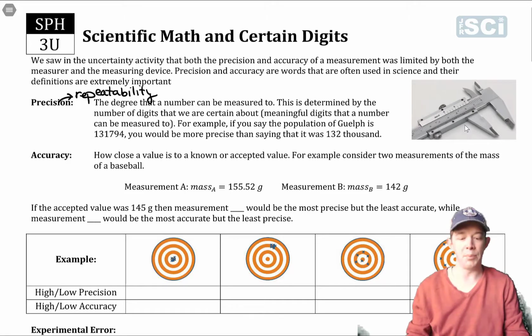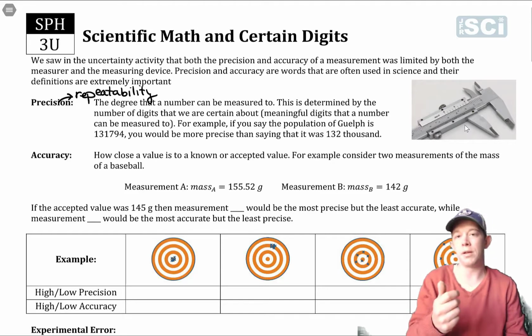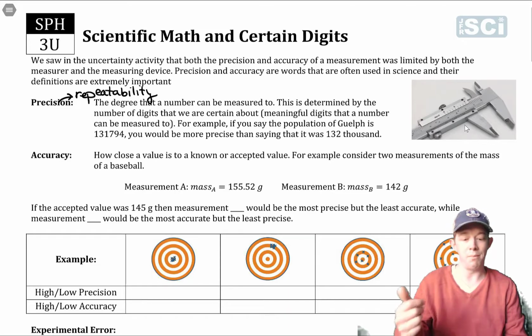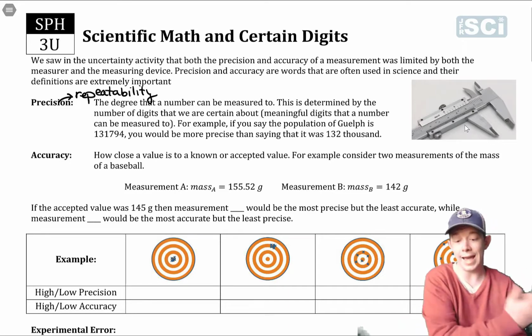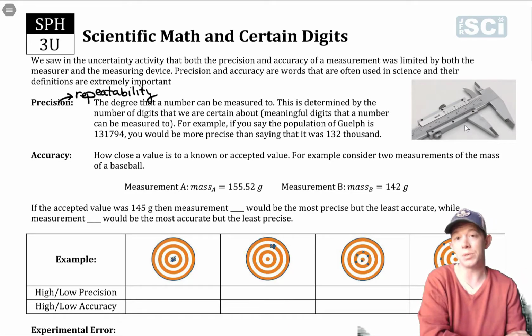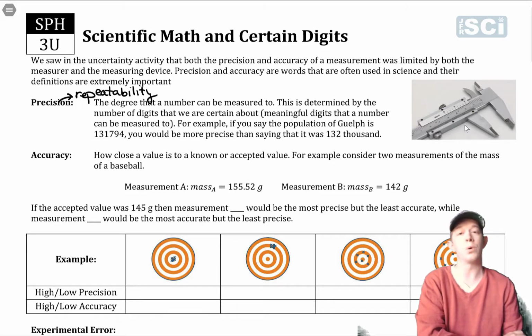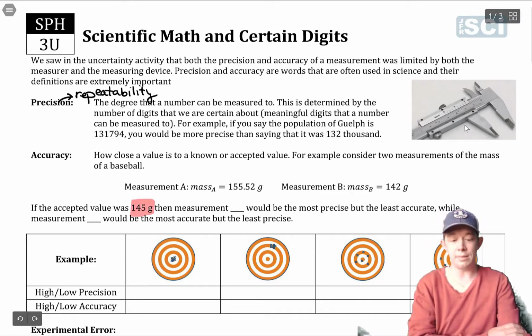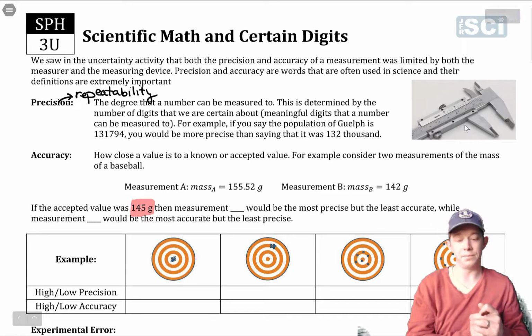So that's what we mean by accuracy, how close it is to an accepted value. And so I have an example here where I take the mass of two objects and I'm trying to determine which one is more accurate and which one has more precision. Now, mass of object A was 155.52 grams, and mass of object B was 142 grams. And what if I told you that the actual accepted value was 145?